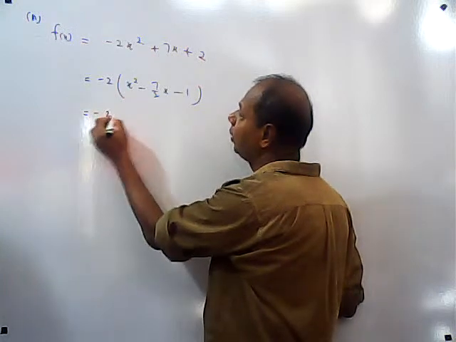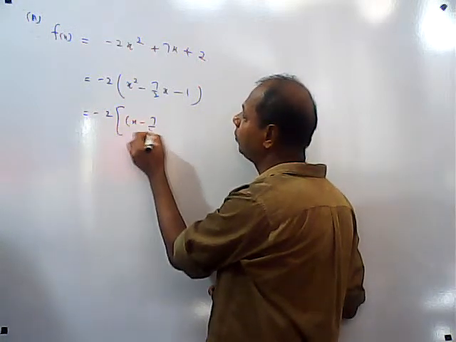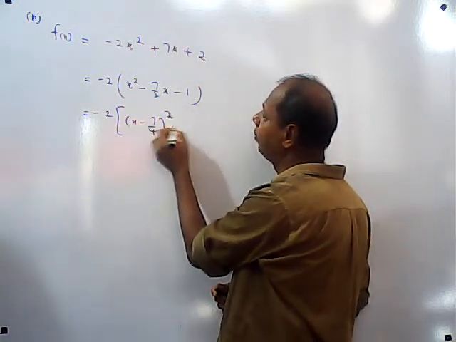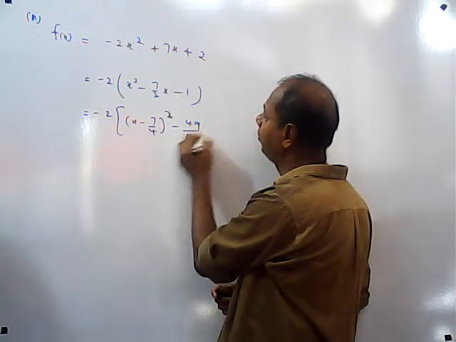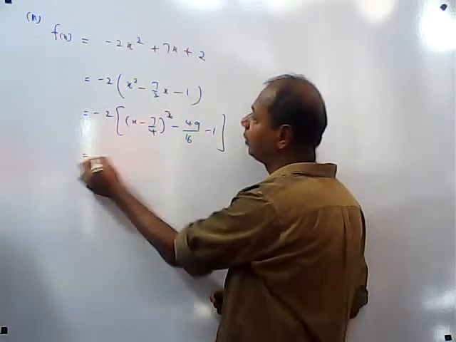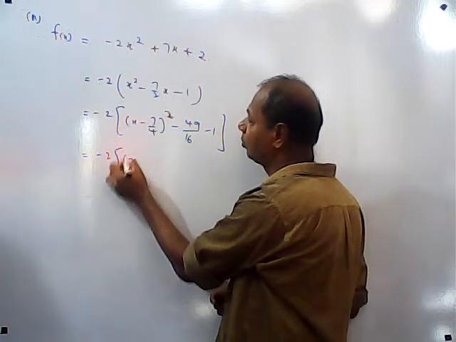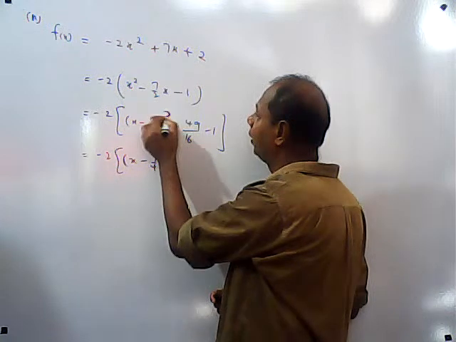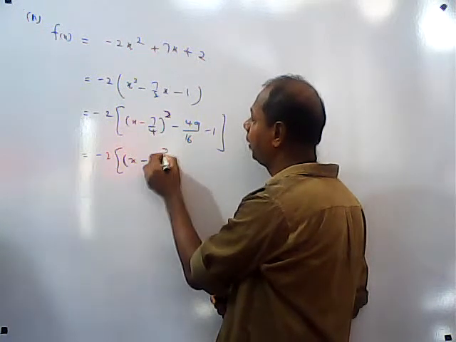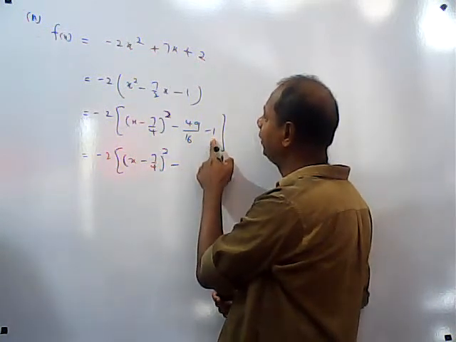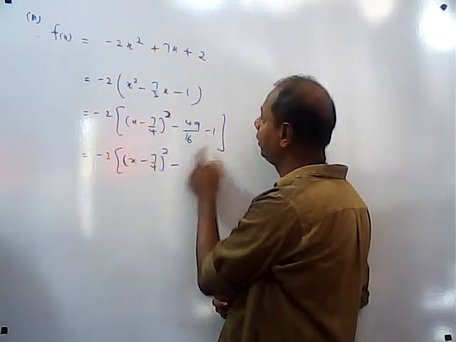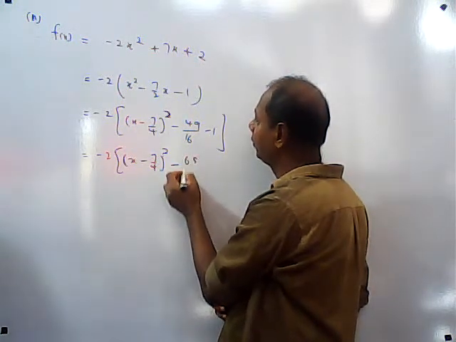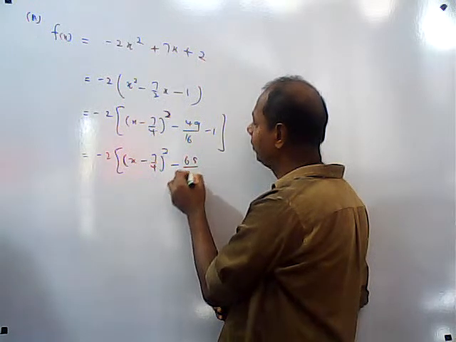So completing the square, x minus 7 over 4 squared minus 49 over 16 minus 1. So that will give x minus 7 over 4 squared minus 65 over 16.